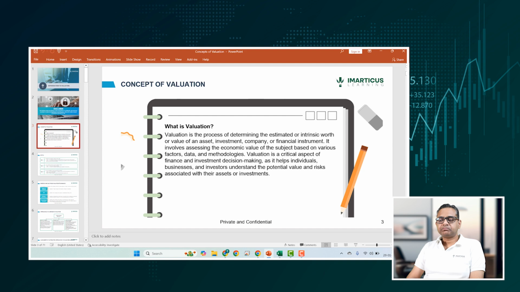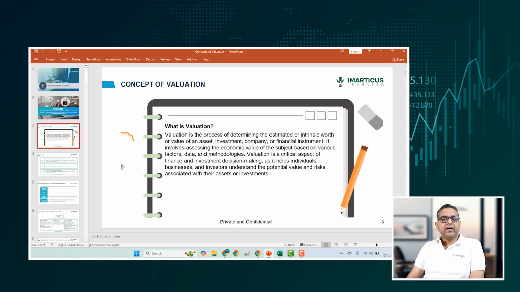So, valuation is relevant whether we are trying to buy a property, a piece of land, an iPhone, or any stock. In different scenarios, we do valuation.